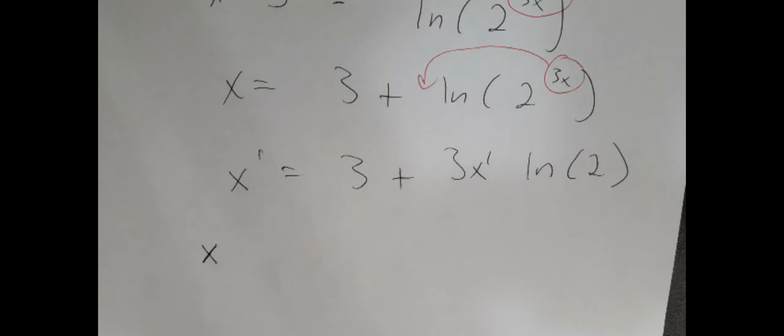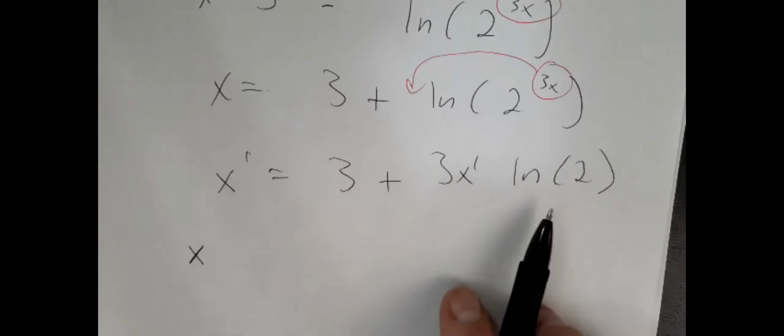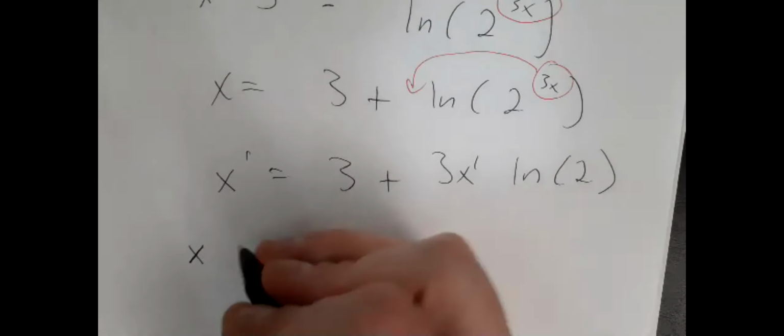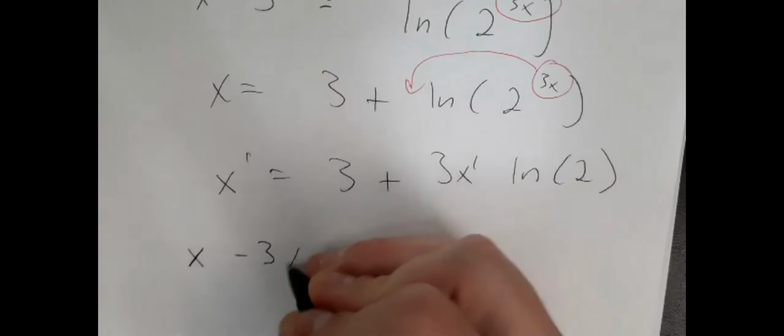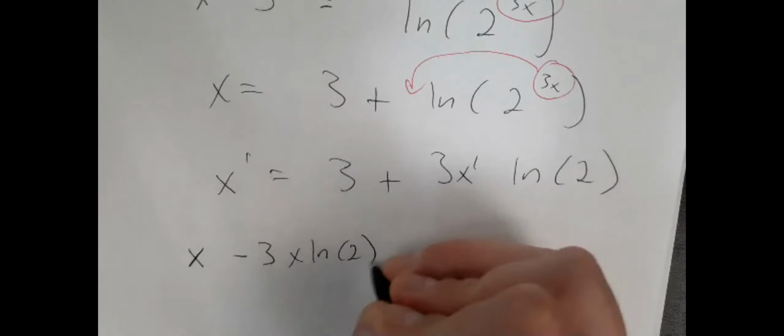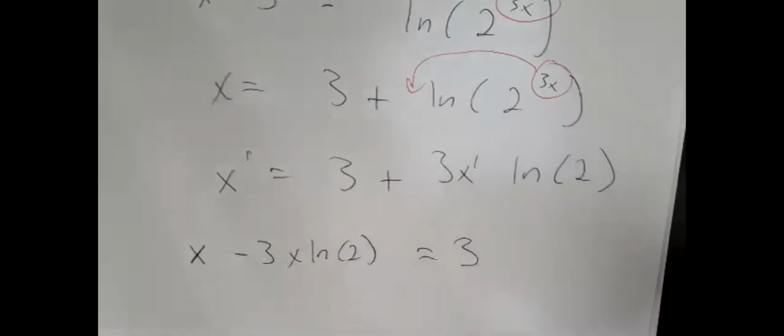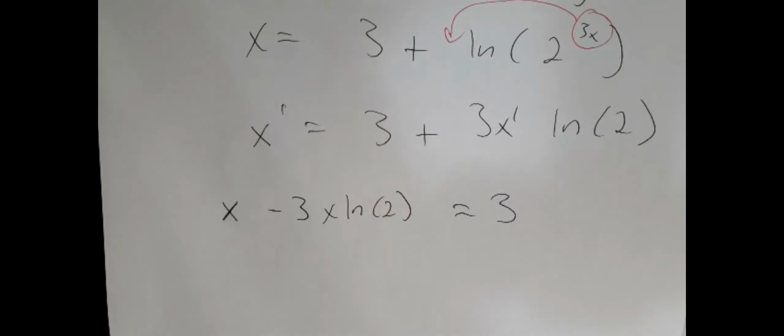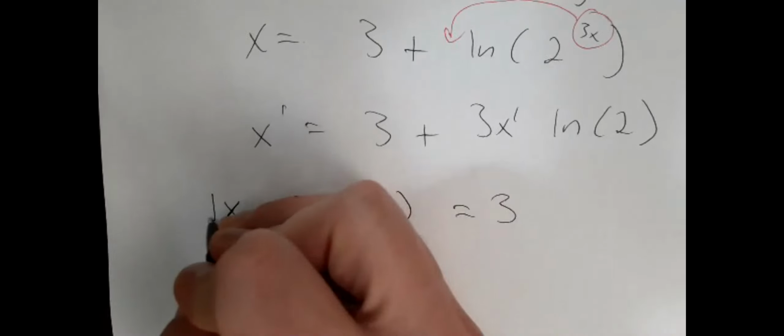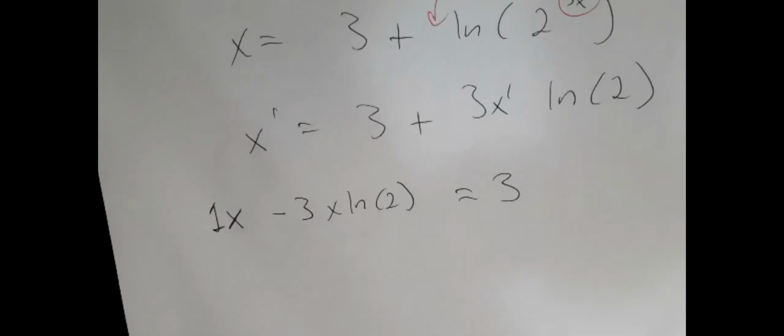So we subtract the 3x. So we want to subtract this 3x ln of 2. If we subtract 3x ln of 2, we can move it to the other side. And this is equal to 3. You might want to put a coefficient of 1 here.